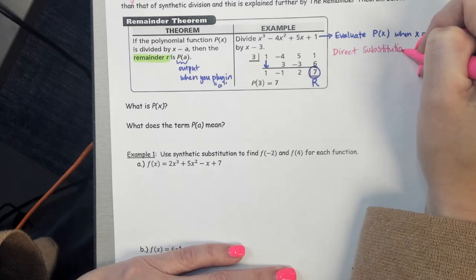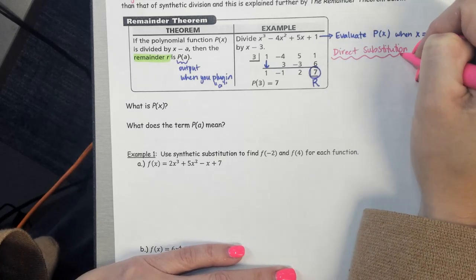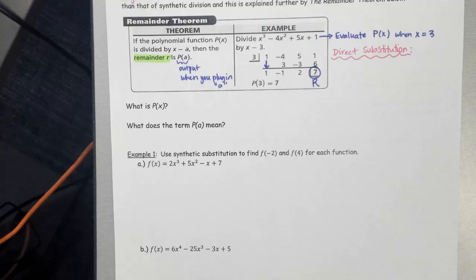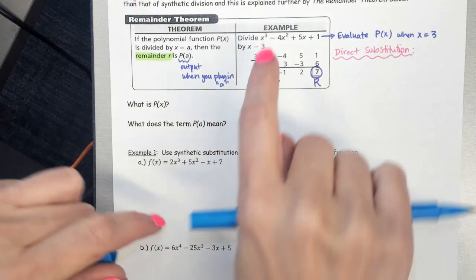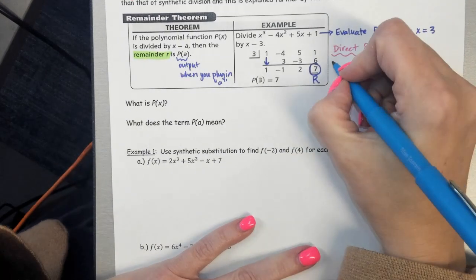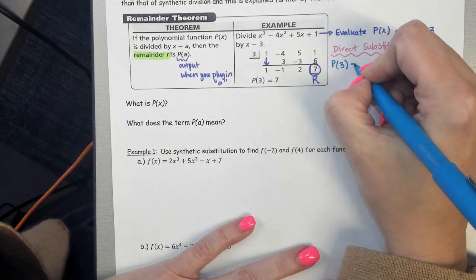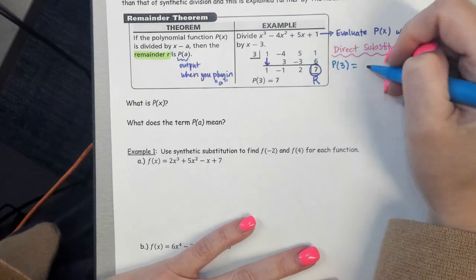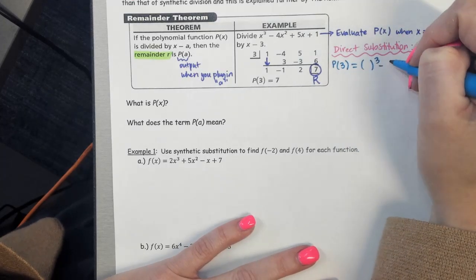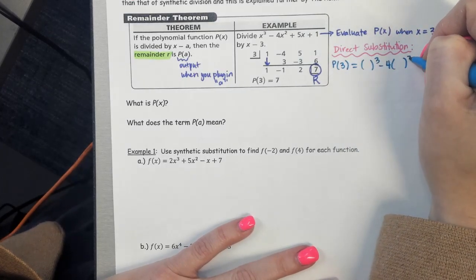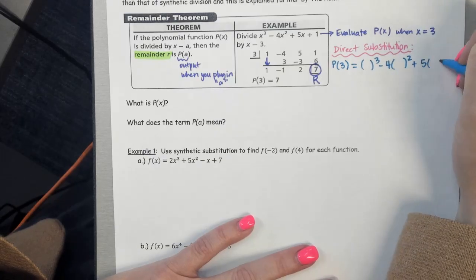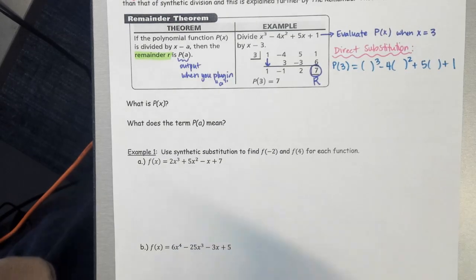So direct substitution is what you're used to doing. If you are evaluating p of x when x is equal to 3, you're just going to plug in 3 to your polynomial. Okay, so your polynomial is x cubed minus 4x squared plus 5 times x plus 1.